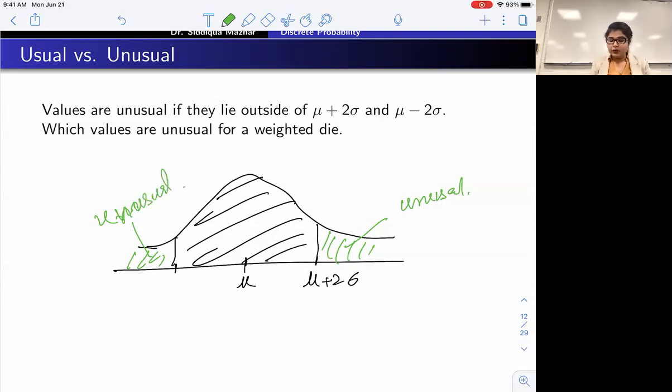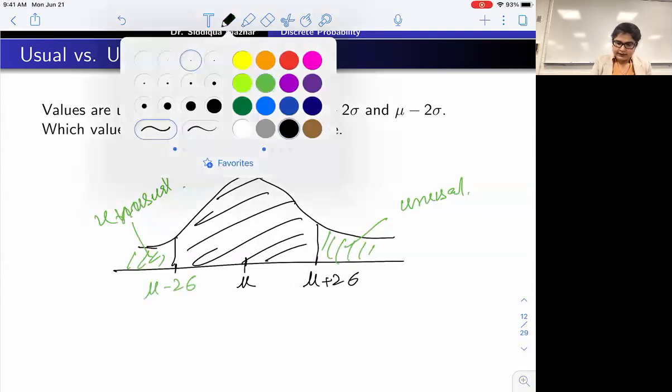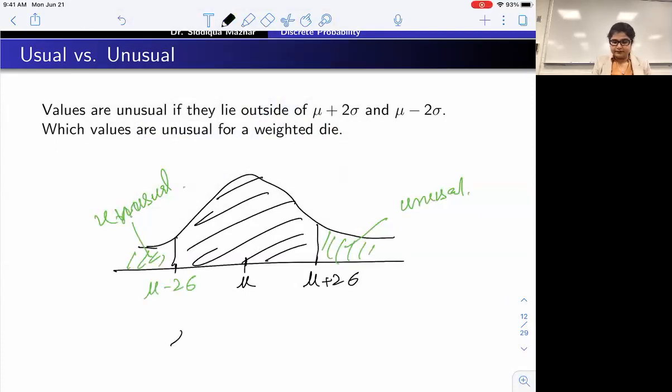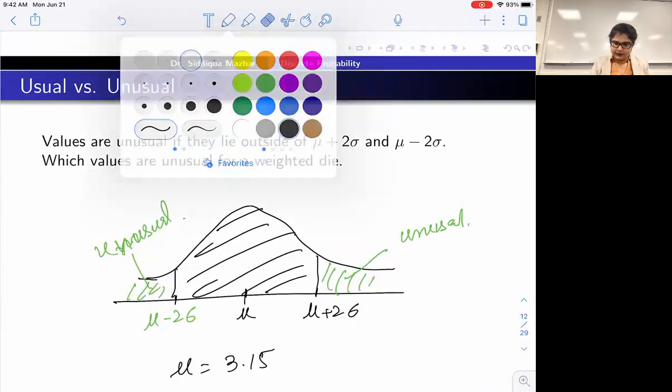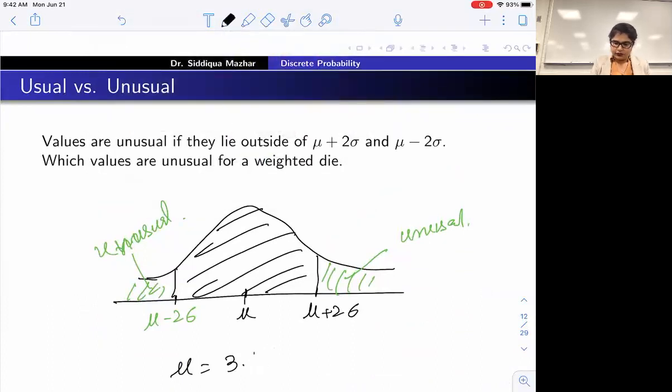So we know what mu means. Mu is the sample mean. In the previous example of a weighted die, what was the mean? 3.4.